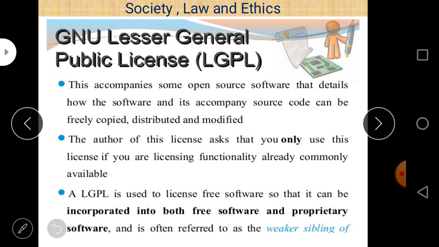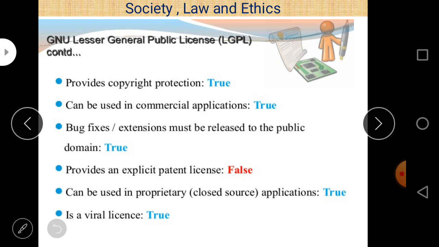So these are the important differences. Some important points regarding LGPL. Basically, LGPL provides copyright protection. Yes, it is a true statement, and it can be used in commercial applications. Yes, it is also true. Bug fixes and extensions must be released to the public domain. Yes, it is also true.